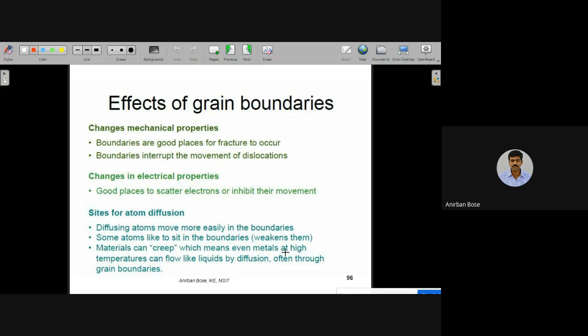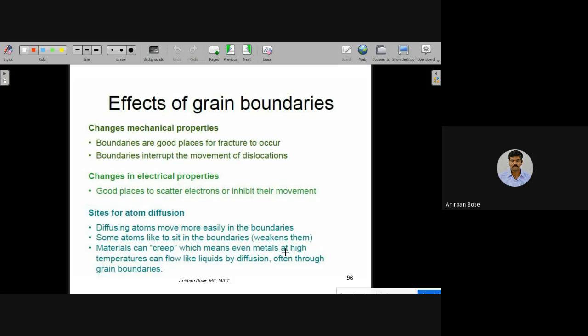They are not actually crystalline, right? In the region of the grain boundary, the distance between the atoms is not regular. So they are like a kind of liquid-like structure. So one part of the grain can slip with respect to another part of the grain.